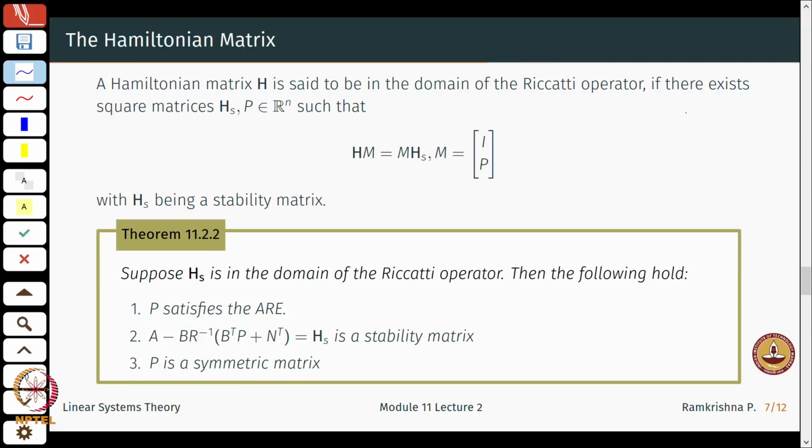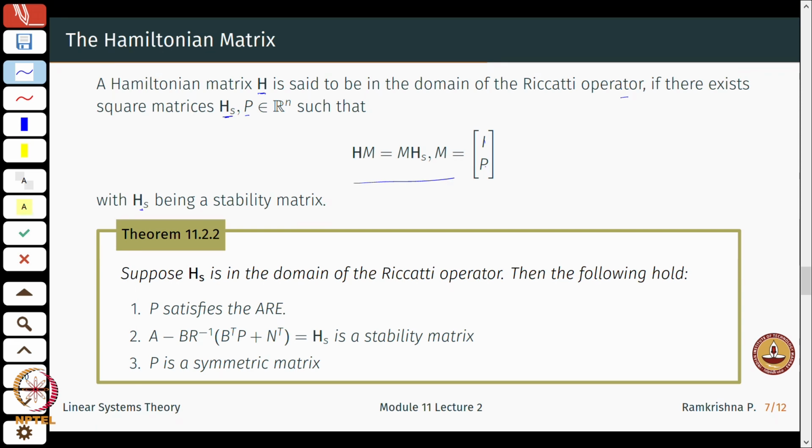Okay. So the first thing that we will further define is that a Hamiltonian matrix H is said to be in the domain of the Riccati operator if there exists a square matrix Hs and a square matrix P such that this relation holds: H times M, where M is just identity and P, equal to M times Hs, with this Hs being a stability matrix.